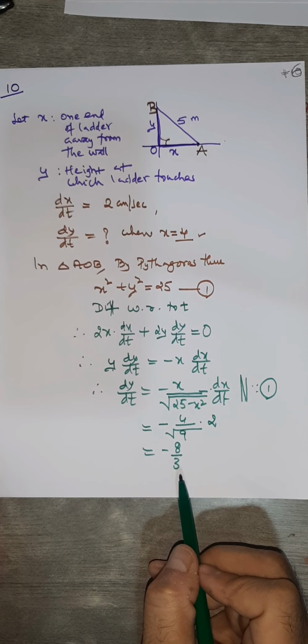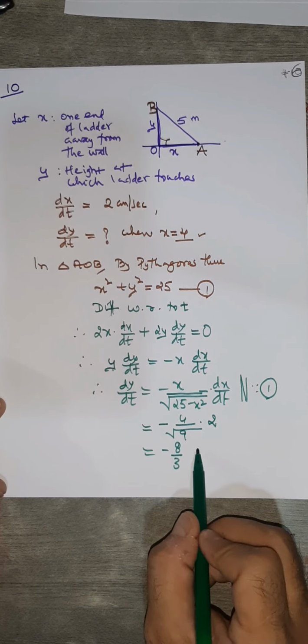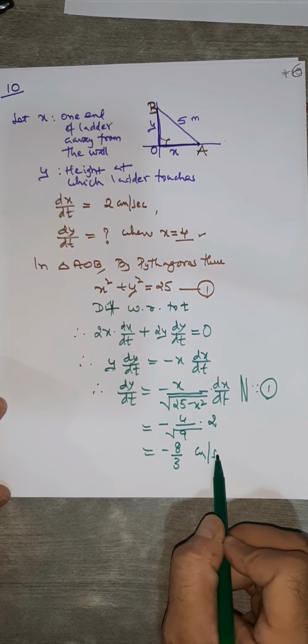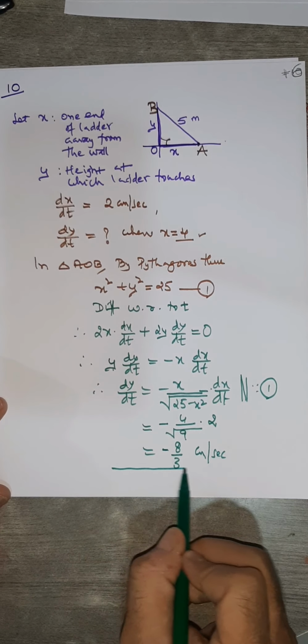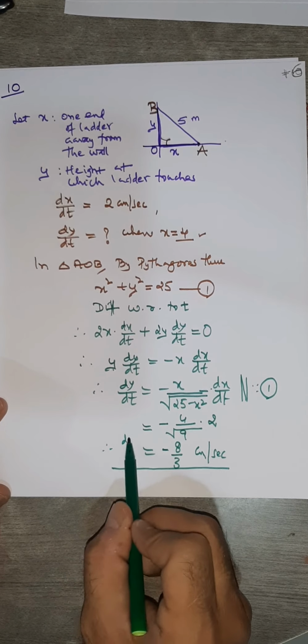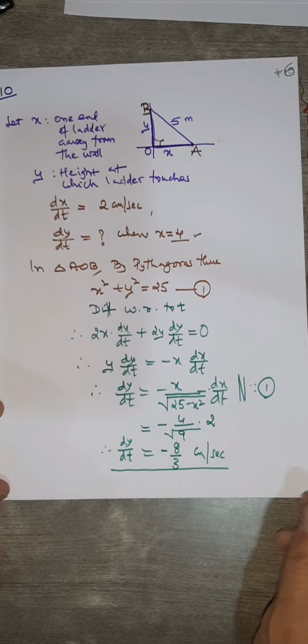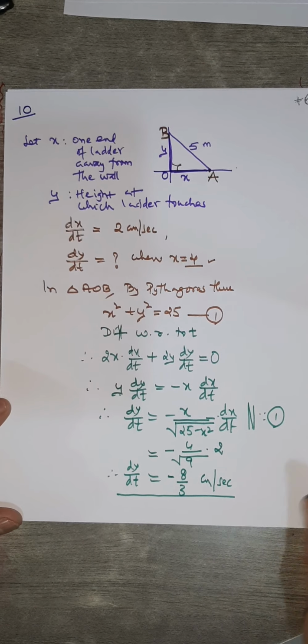Fine. Now you know what this minus sign indicates? Yes, this minus sign indicates that there is a decrement in the height at which the one end touches.